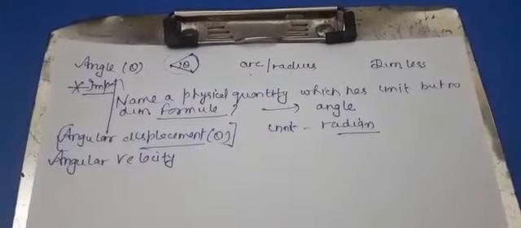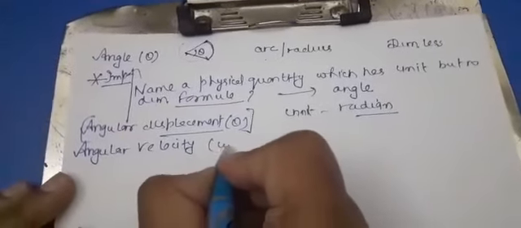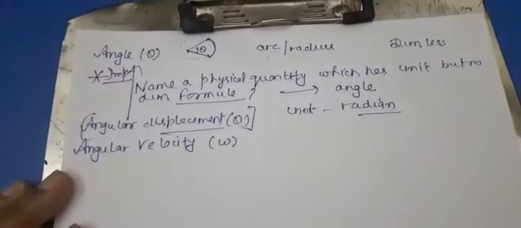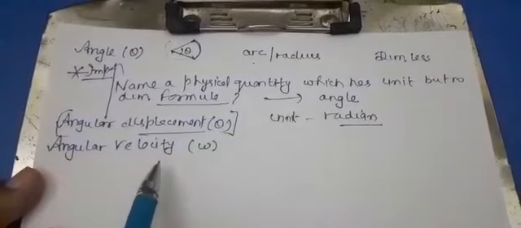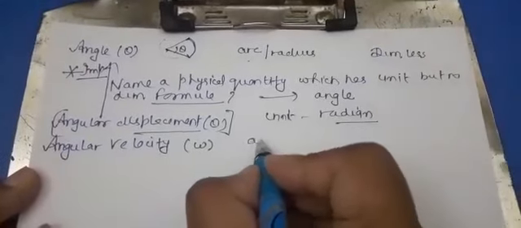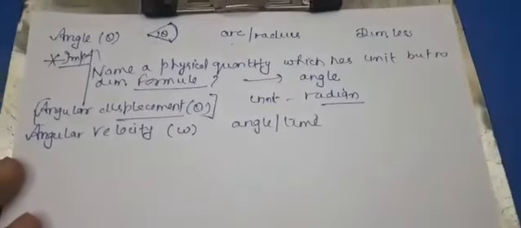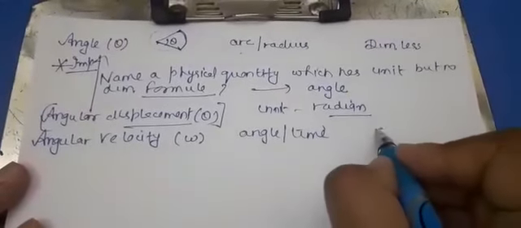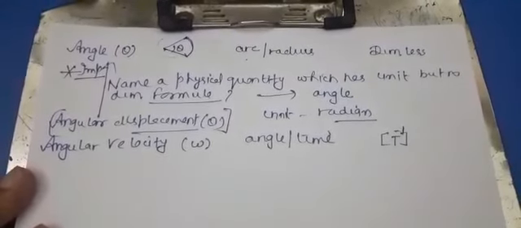So just learn the formulas here. Angular velocity is represented by the omega symbol, which looks like a curving small w. And its physical formula is angle per unit time. So angle is dimensionless. Can I write its direct formula, that is T raised to the power minus 1.